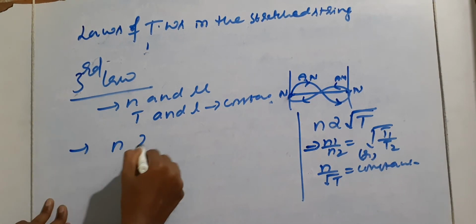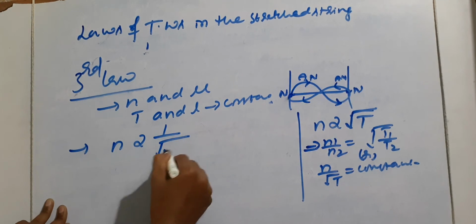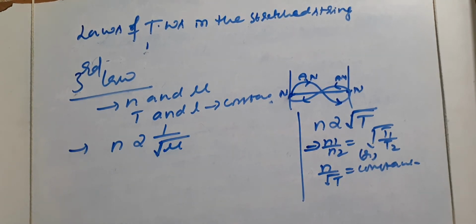So N is inversely proportional to the square root of linear density. That is, when the linear density of the vibrating string increases, the fundamental frequency decreases. When the linear density decreases, the fundamental frequency increases. Linear density is nothing but mass per unit length of a body. So mass per unit length of a body is called linear density.